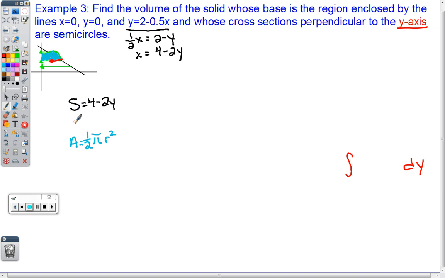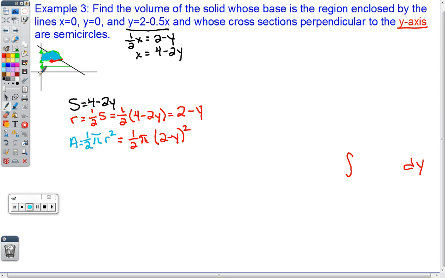So we need to take s and cut it in half. We're going to say 1/2 times 4 minus 2y, which is going to give us 2 minus y. And so then we're going to plug that in, and we're going to get 1/2 pi times 2 minus y squared. And once we have the area, all we have to do is integrate.